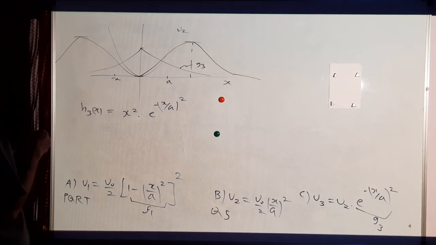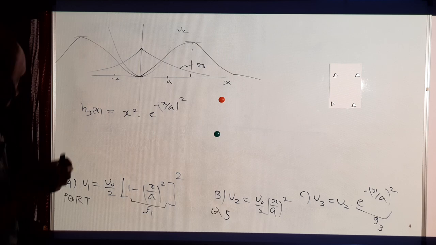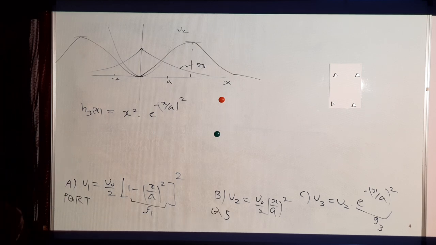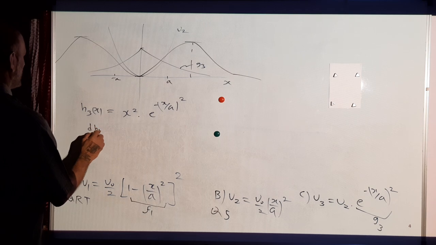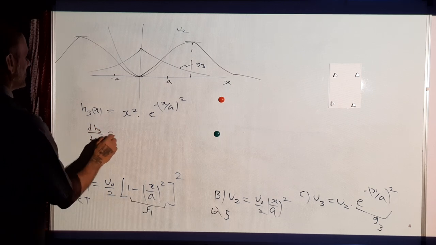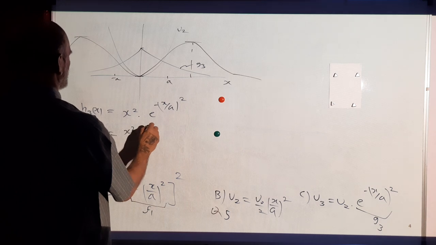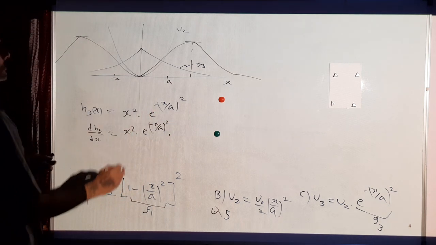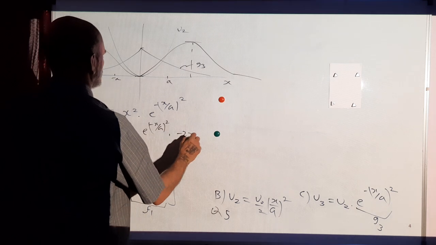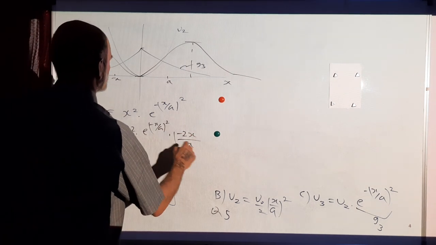So if you differentiate this one with respect to x, there will be x square times the derivative of this one, that's minus x by a, whole square, and the derivative of this thing is minus 2x by a square.